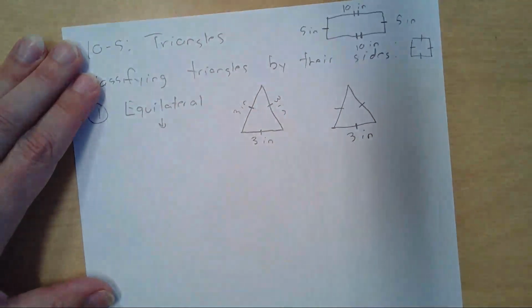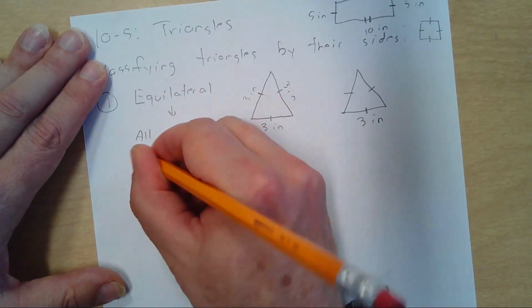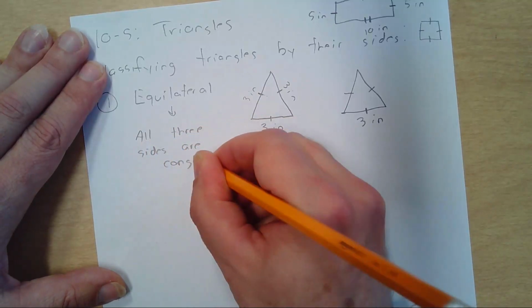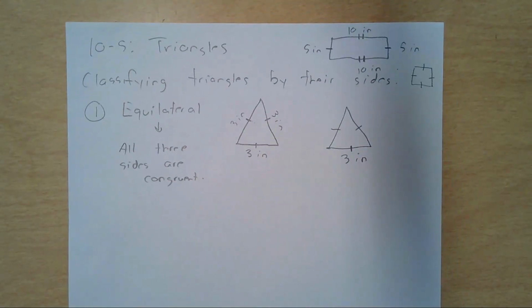Basically, if I give it a definition here, all 3 sides are congruent. And again, it's generally the easiest of the 3 to remember. Equal, all sides are equal, so most people do pretty good identifying equilateral triangles.